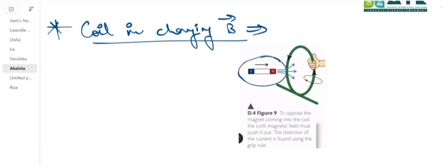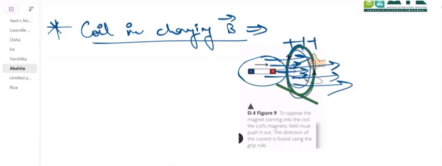The magnet is coming towards it, so magnetic field lines will move into it. So the field is increasing inside the coil. The number of field lines passing through it at 90 degrees, that is magnetic flux, will induce an EMF in the coil. Here suppose all the plus charges, here all the minus charges will assemble.